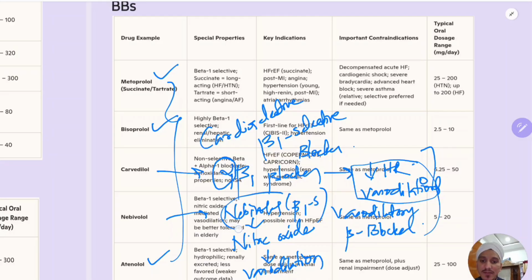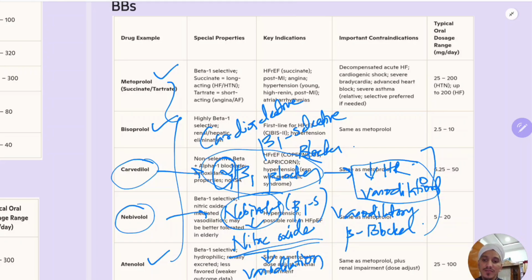That's why Nebivolol and Carvedilol both are vasodilatory beta blockers. Remember, in the pathophysiology of hypertension, we have discussed that there is reduced production of nitric oxide. So Nebivolol enhances the production of nitric oxide and thus causes vasodilation. So Carvedilol and Nebivolol are vasodilatory beta blockers.